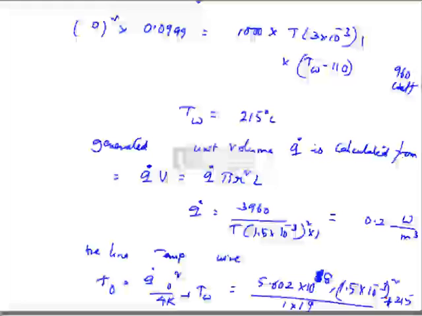So this result is 231.6 degrees Celsius. That is the centerline temperature of the wire.